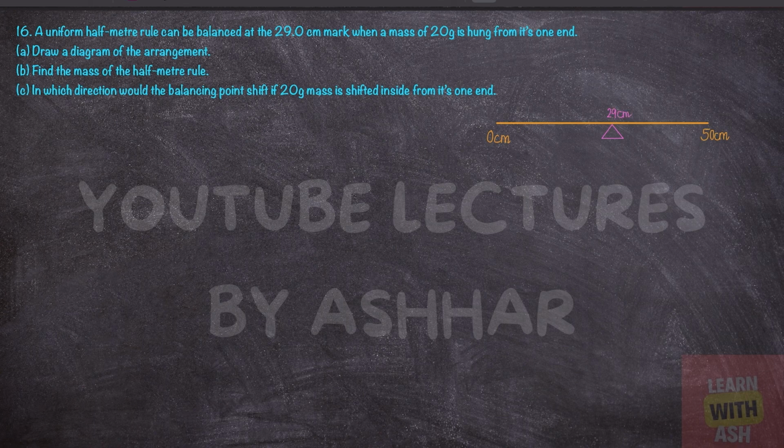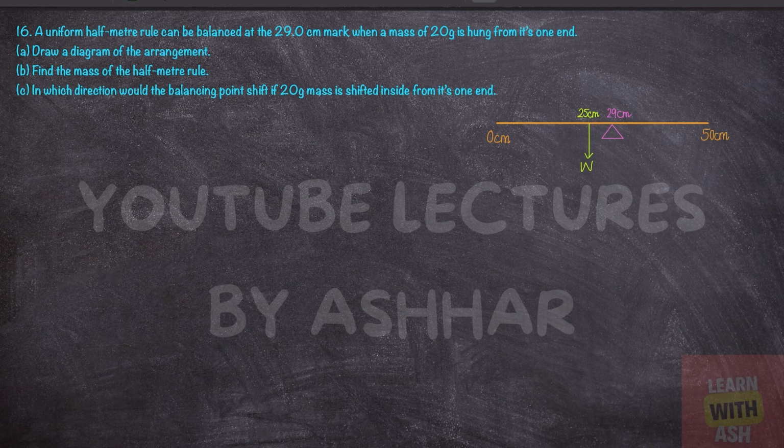Now, the whole weight of this particular half meter rule will lie at its middle, just like the previous one. So the weight of the meter rule will lie at 25 centimeter. Okay, I'm considering this as the weight.